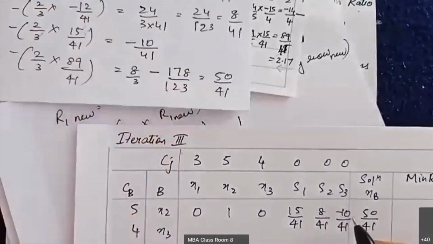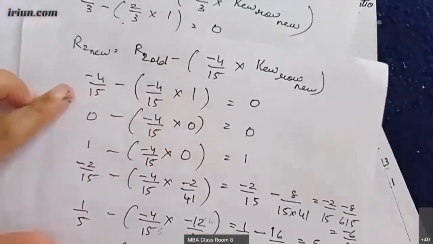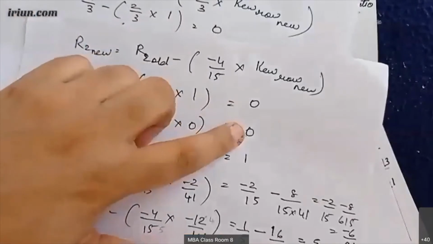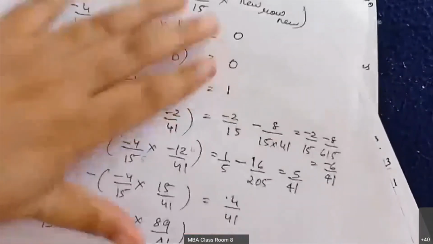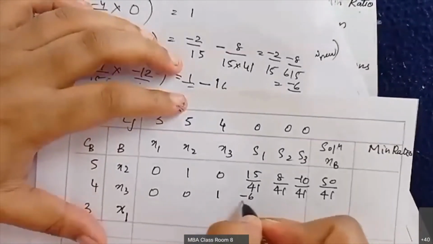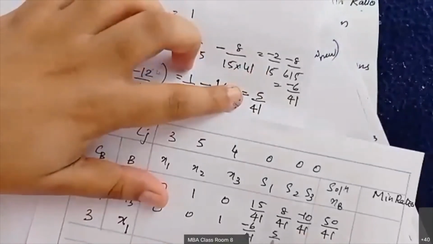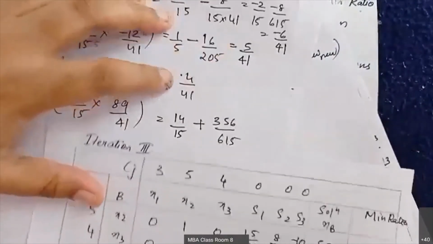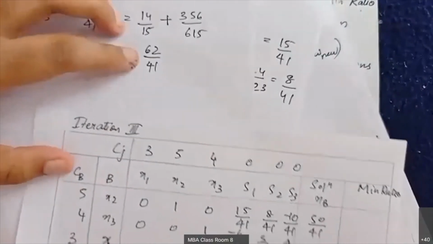Okay, then R2 new: 0, 0, 1, then minus 6 divided by 41, then 5 divided by 41, then 4 divided by 41, and 62 divided by 41.